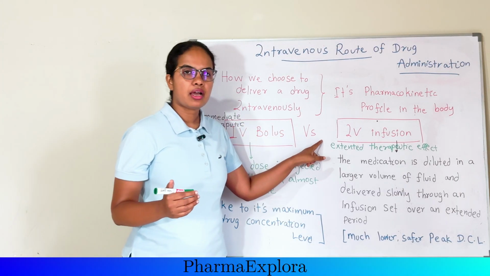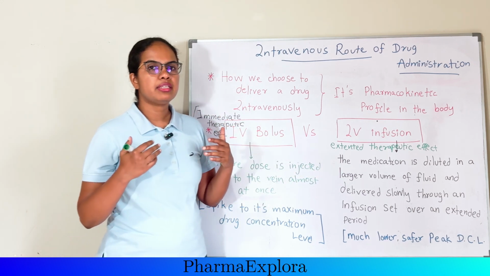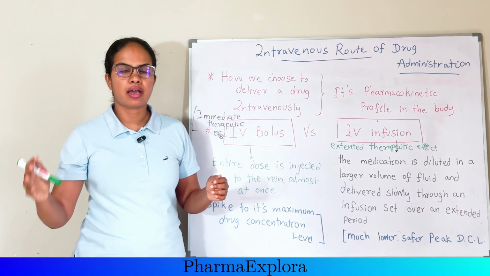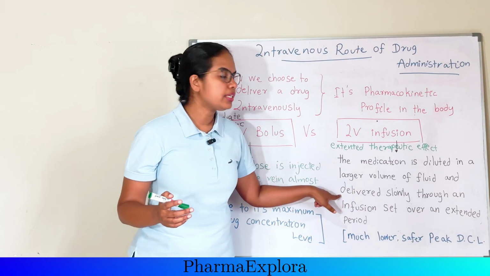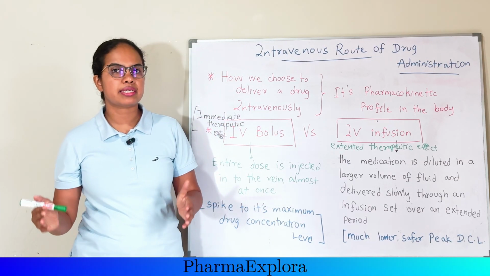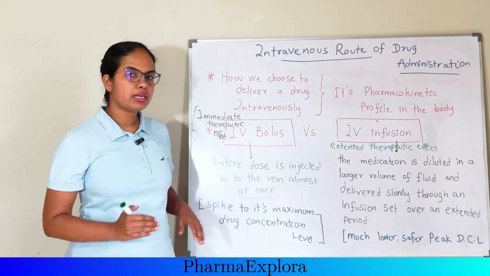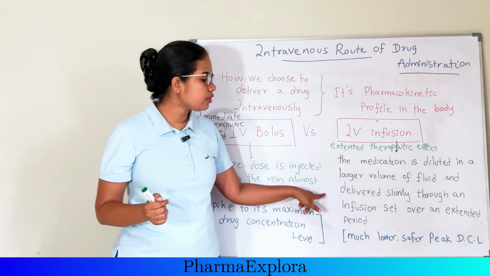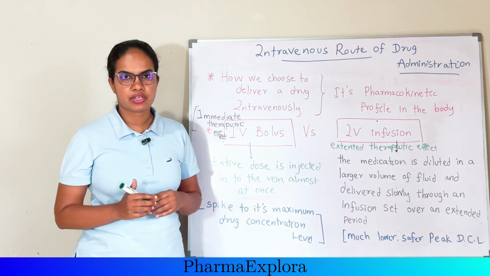When it comes to IV infusion, the other method, the medication is diluted in a large volume of fluid and delivered slowly through an infusion set over an extended period of time. So rather than a peak drug concentration immediately, here you can expect a much lower, safer drug concentration level.